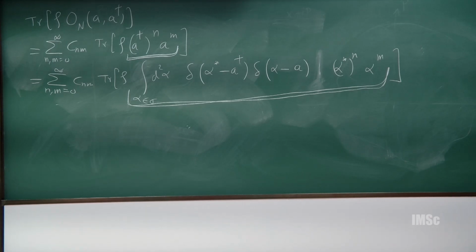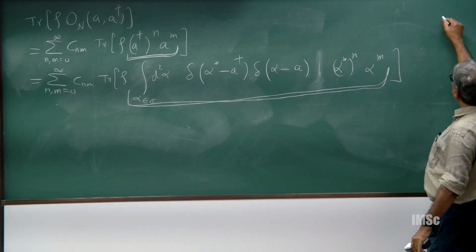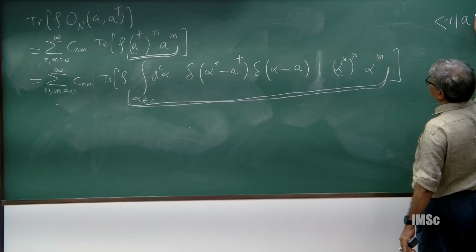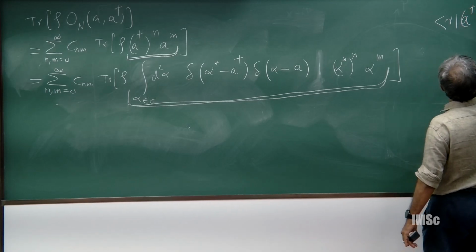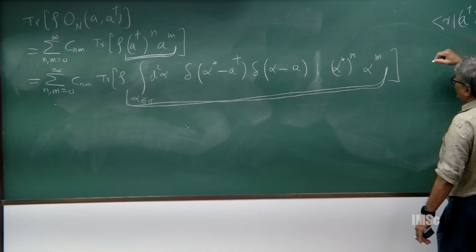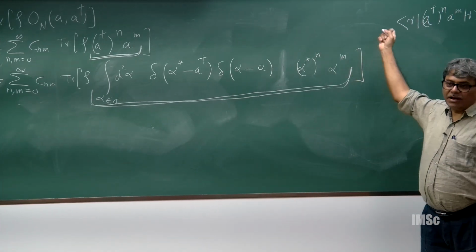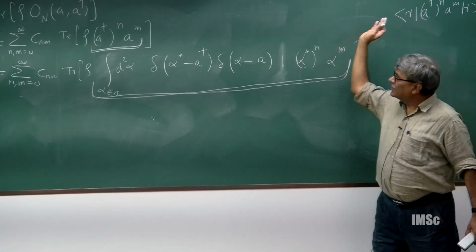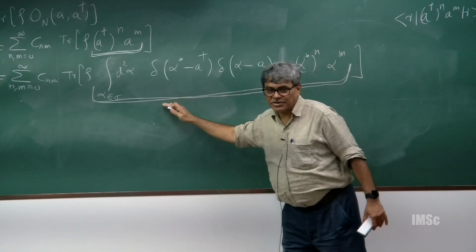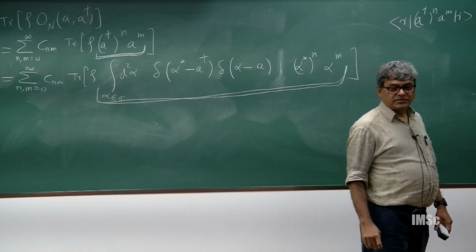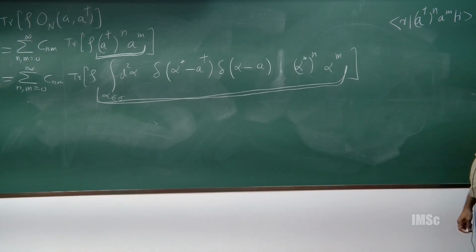So you can again take the matrix element of this, A dagger n A m, in terms of some coherent state basis, a diagonal matrix element like this one. And that will serve the purpose: for any gamma you can show that that matrix element is the same as the matrix element of this, then that is enough. It makes sense.